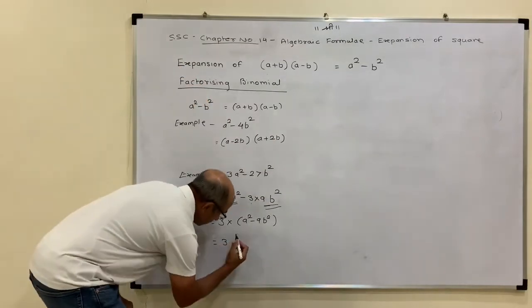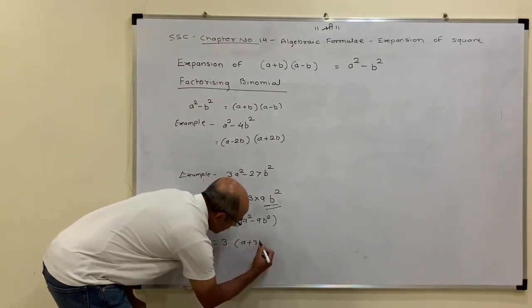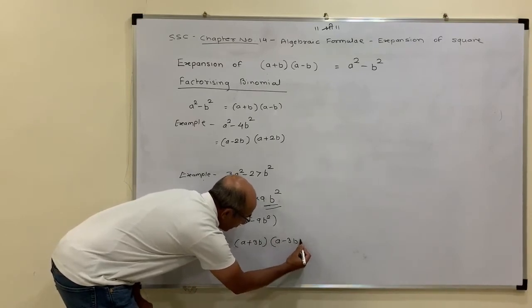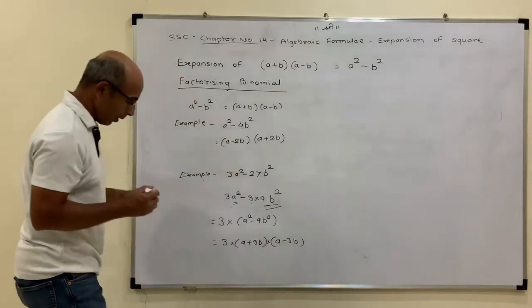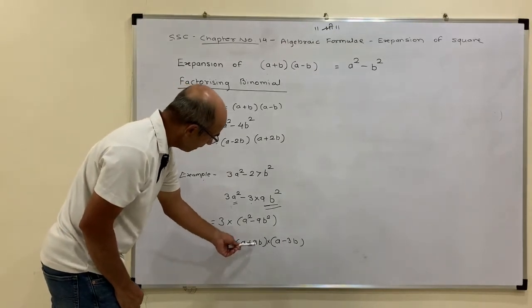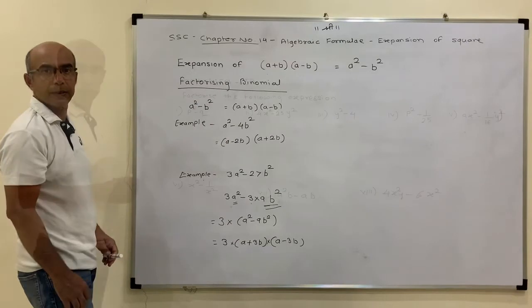So now 3 into (a plus 3b) and (a minus 3b). So our factors are 3 into (a plus 3b) into (a minus 3b).